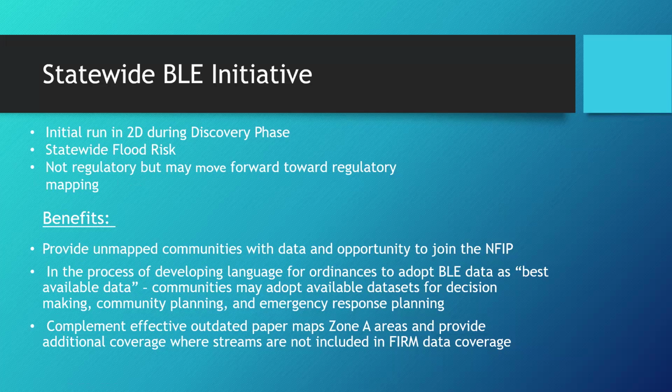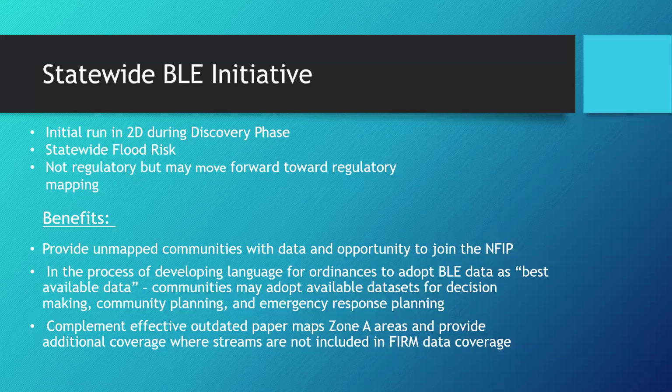And communities have maps that date back to the 70s and 80s. BLE is newer, but it's also more advanced than that type of mapping, so it can complement those effective, really outdated paper maps and give a better Zone A profile than it would have back then.